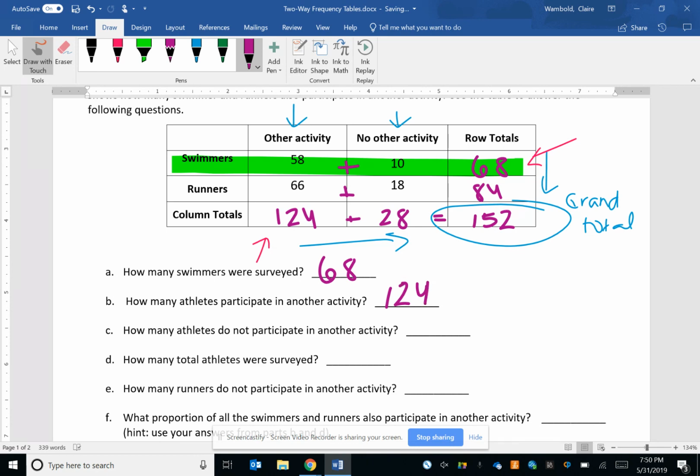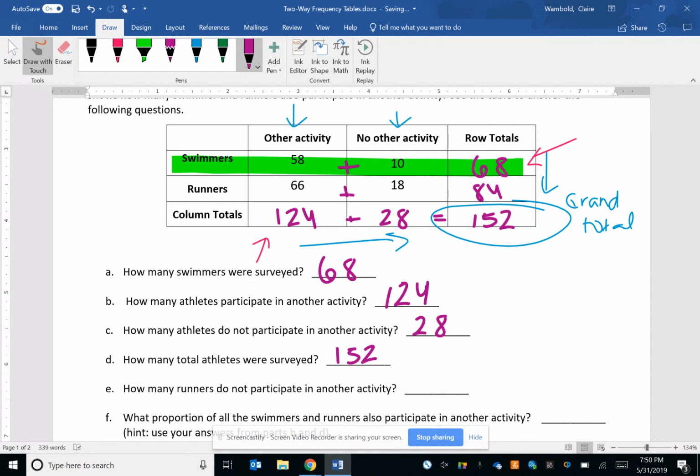How many athletes do not participate in another activity? That's the column total for no other activity, 28. And how many total athletes were surveyed? Our grand total, both the athlete types together, or both the activity types together, is 152 athletes.